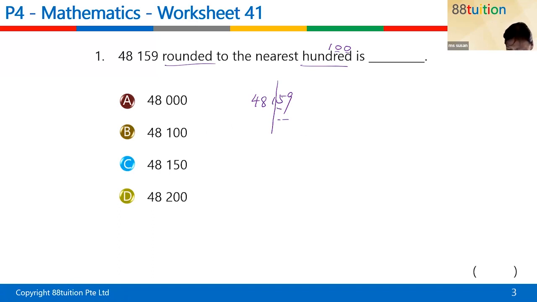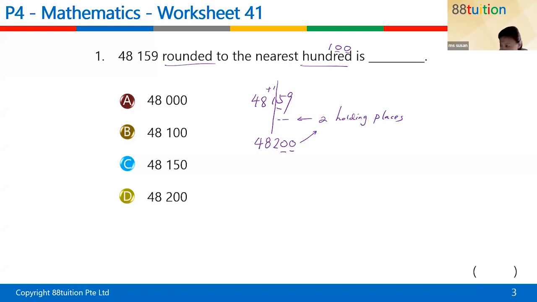Underline the next value, which is a 5. Anything 5 or more, we have to plus 1. So in the end, I will have 48,2. And I must put back my holding place. There are 2 holding places here. So I'm going to write 2 holding places, and these 2 holding places come from here.